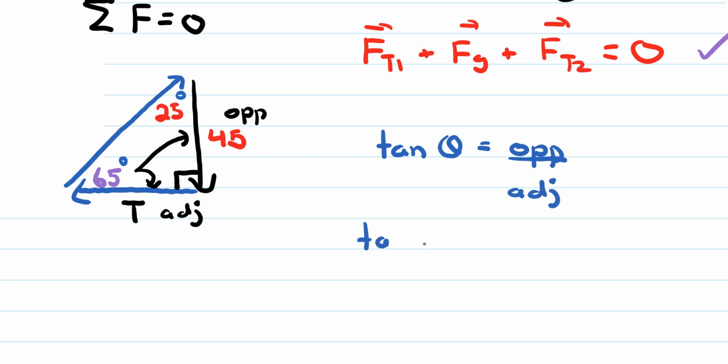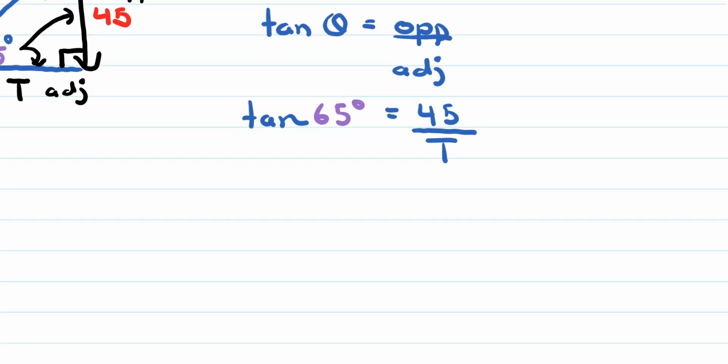The angle I'm using is 65 degrees, so tan 65 degrees equals my opposite side, which is 45, over my adjacent, which is the tension in the rope. Our goal is to solve for the tension, so I can isolate that by moving it to the left-hand side. 45 remains on the numerator, and the denominator will be tan of 65 degrees.